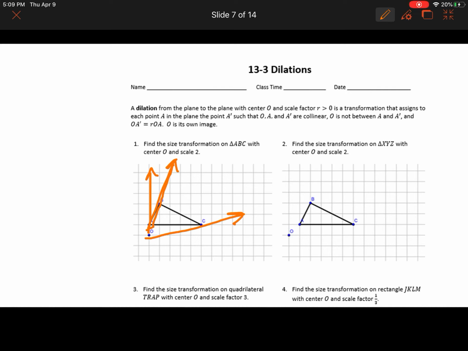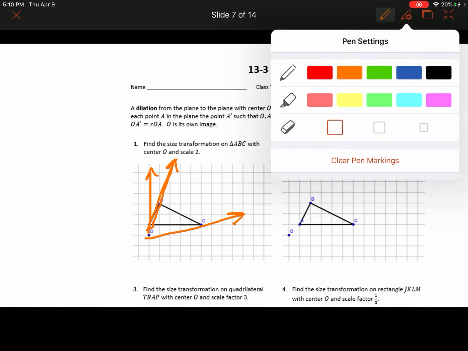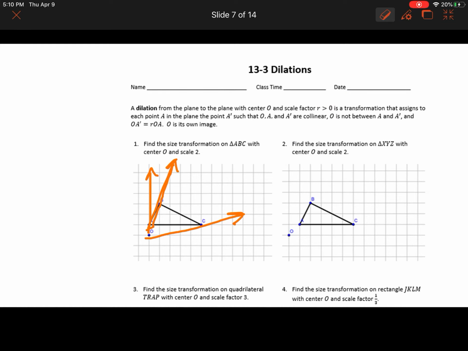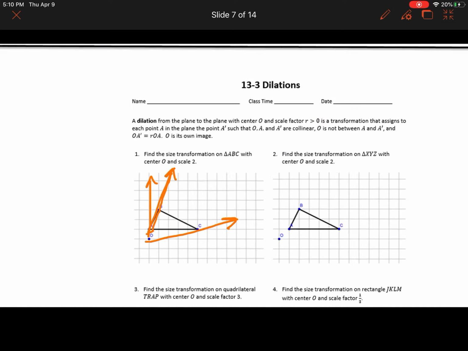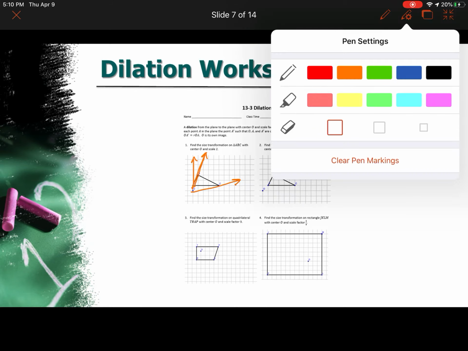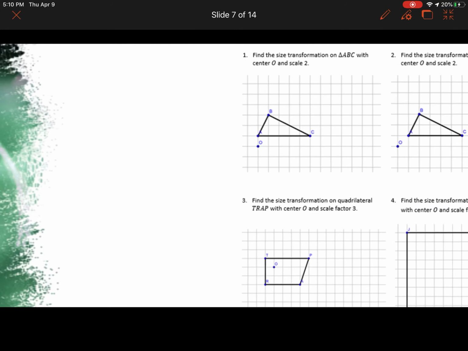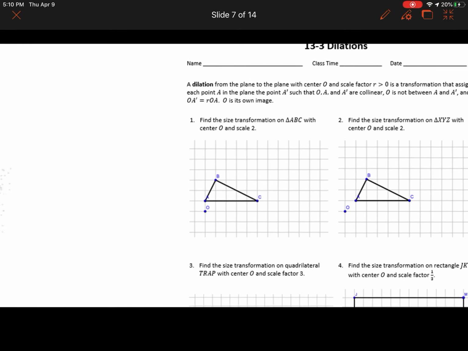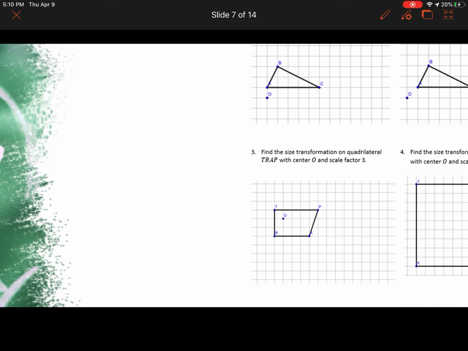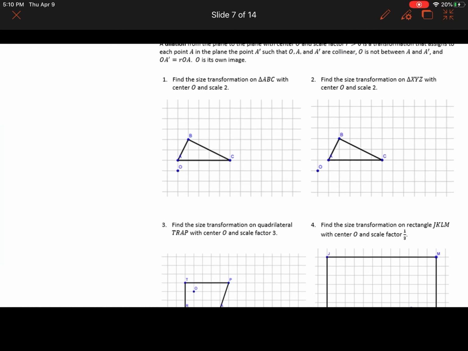So it's not as accurate as you're going to be able to do it with your straight edge. The stylus isn't that precise. All right, so I'm going to erase this so that you can actually see.